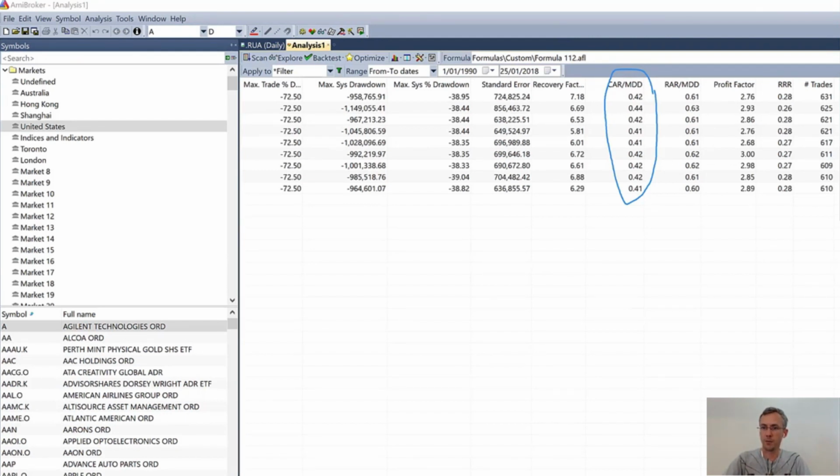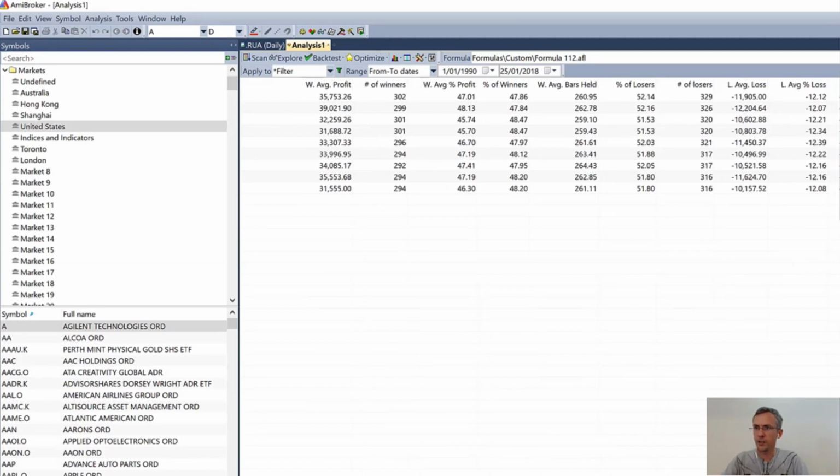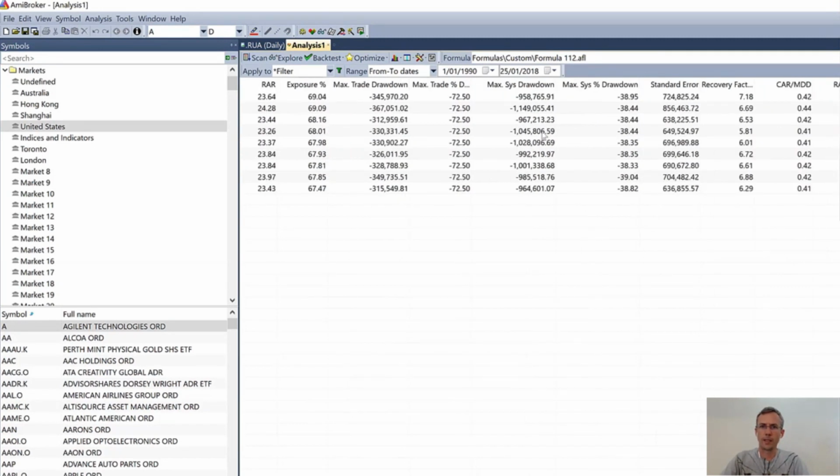And I don't know what we changed it from. Let me just go over here and have a look. We changed it from 20 up to 100 in steps of 10. Okay. And what we can see in the compound annual return over max drawdown is the shape of the equity curve didn't change much. They're basically 0.4 to 0.44 CAR over max drawdown for every value of that short-term moving average.